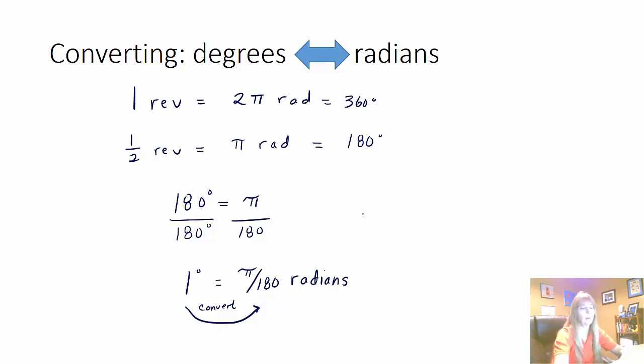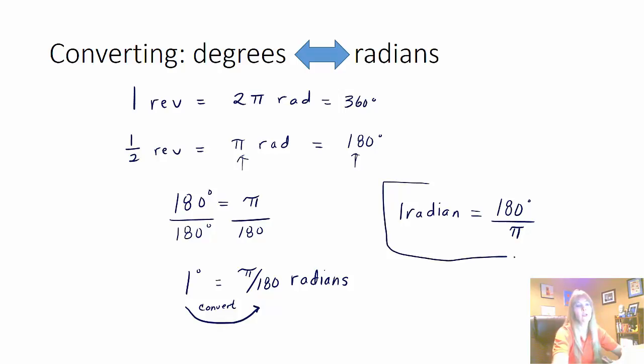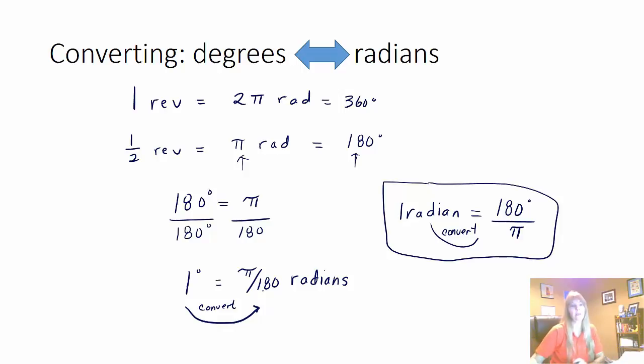And of course you can do the same thing going back the other way. If I want to go from radians, 1 radian is going to be the same thing as 180 degrees over pi. In other words, I just took this right here and divided both sides by pi, and these are my 2 big definitions. This is to convert from radians to degrees, and this is to convert from degrees to radians.